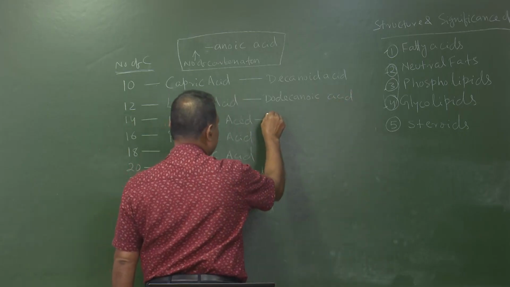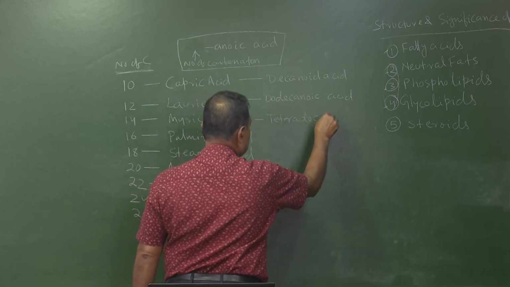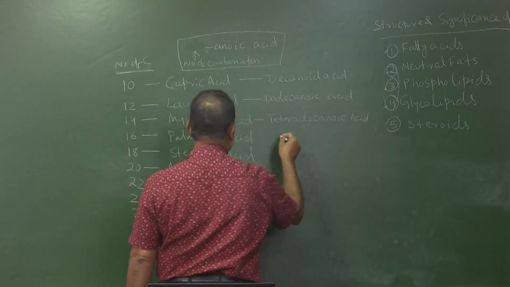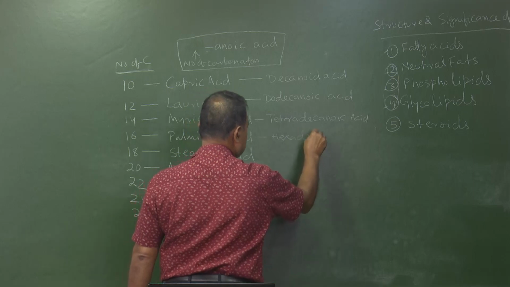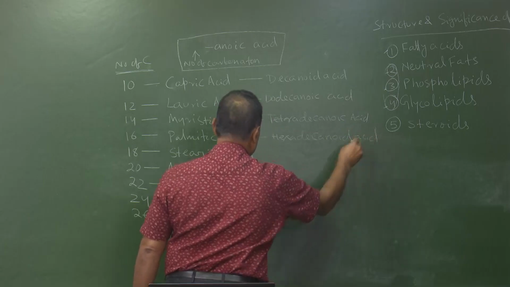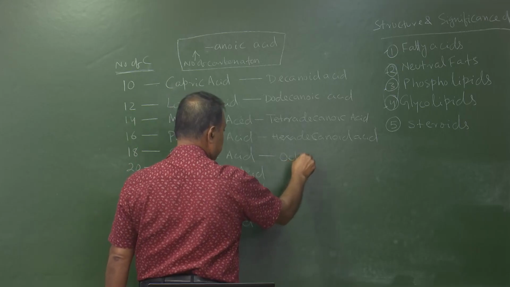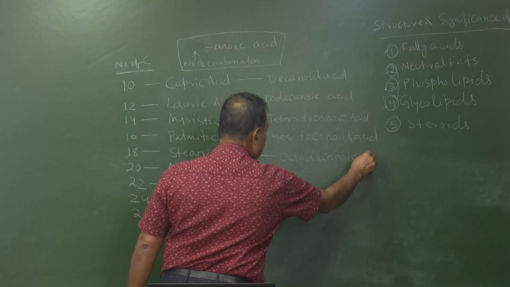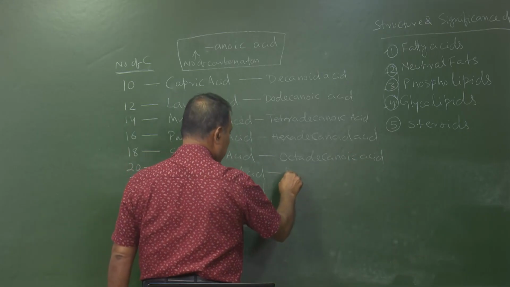Similarly, tetradecanoic acid, hexadecanoic acid, then in stearic it is octadecanoic acid, and when it is 20 it is icosanoic acid.